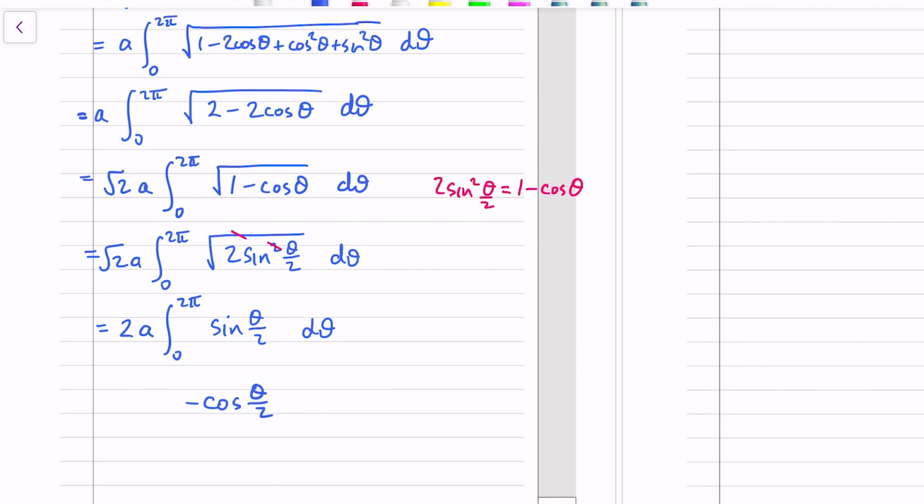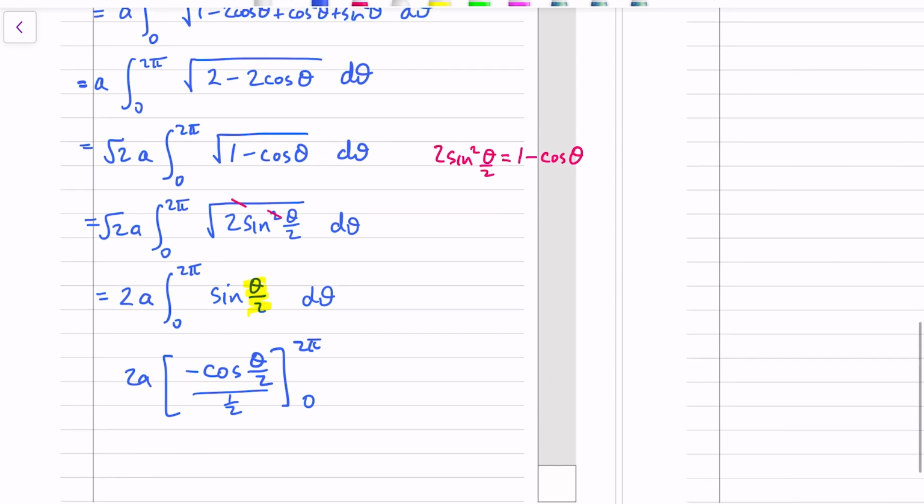The inner function, yippee yay, is now linear, so I divide by its derivative. Its derivative is a half, so I need to divide by a half. And I'm subbing in 2 pi and 0. Dividing by half is the same as timesing by 2, so we've got 4a times minus cos theta over 2 between 2 pi and 0.